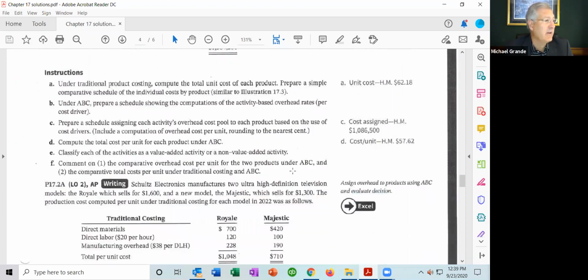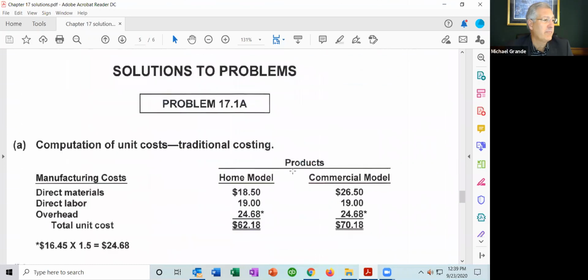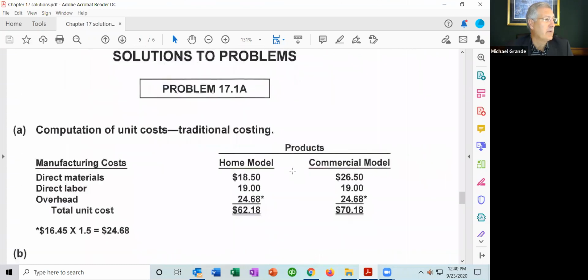So let's take a look at that. It's a very short presentation. You're looking at product cost, which includes direct materials, direct labor, and manufacturing overhead. Again, direct materials and direct labor are not in question. Those are given to us and they will not change. The item that will change is the overhead component. So let's look at how they calculated manufacturing overhead.